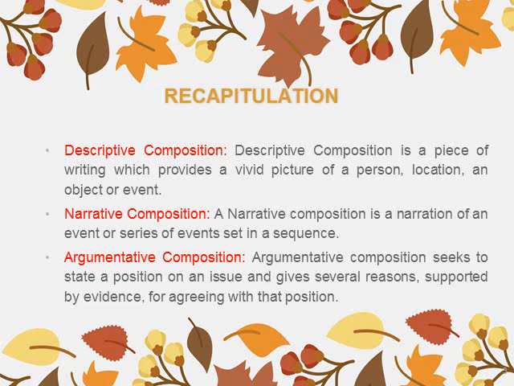The third is argumentative composition, which seeks to state a position on an issue and gives several reasons supported by evidence for agreeing with that position. Here you need to decide whether you are going to write for or against the subject matter.